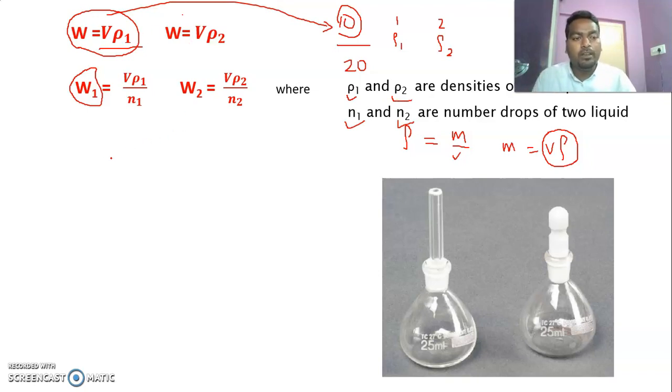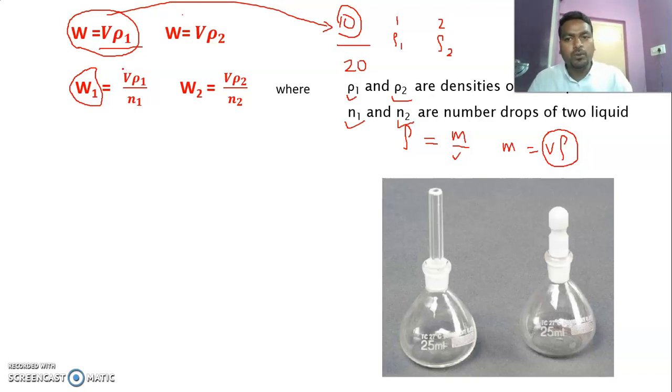So the weight of a liquid drop W1 is given by V into rho 1 divided by N1. W2 is equal to V into rho 2 divided by N2. Here volume V is known because we measured a certain amount of liquid for the experiment.